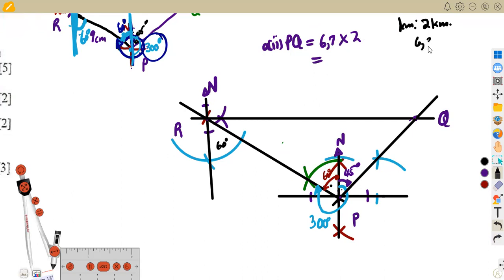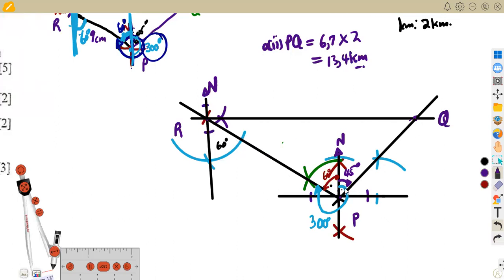Maybe yours it's 6.8, it's fine. We're going to use that 6.8. Maybe it was 6.9. You use the value that you obtained by measuring. So please measure properly. The value that you obtain is the one that you're going to obtain. So on this one, I was going to obtain 13.4 kilometers. So it's just an approximate value, plus or minus 0.3 in terms of your calculations.